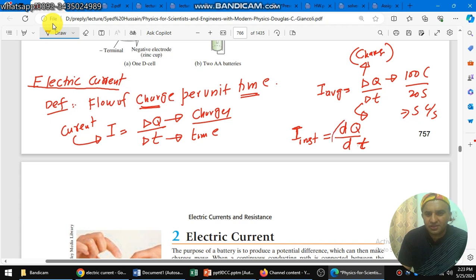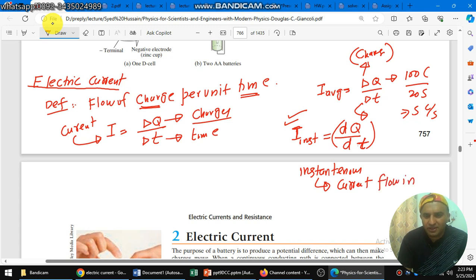We differentiate the charge with respect to time, and dq over dt is the instantaneous current. It gives us the current at a specific time.